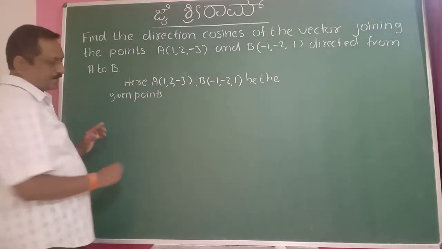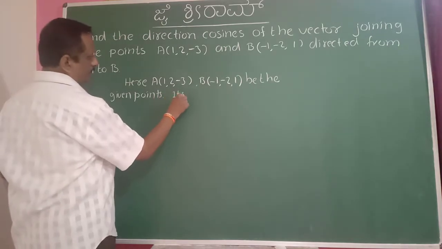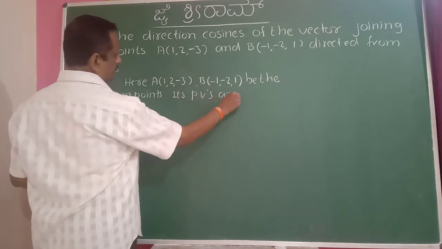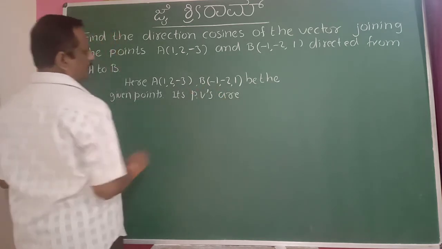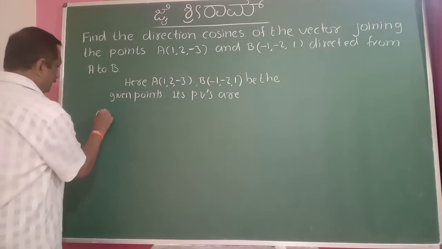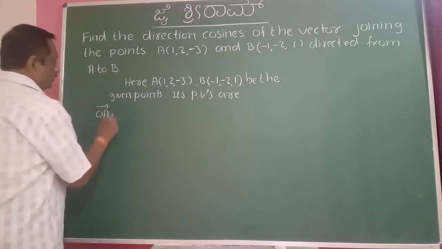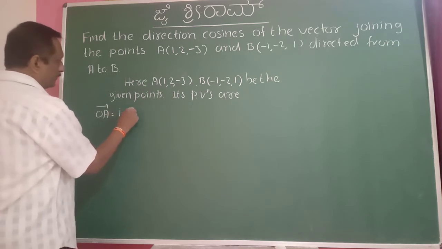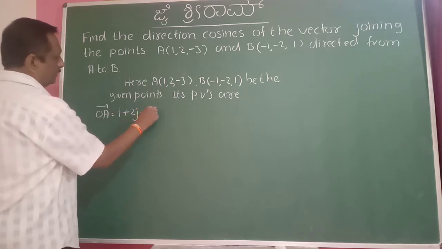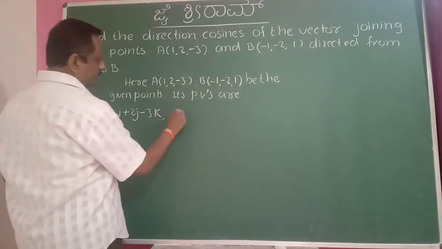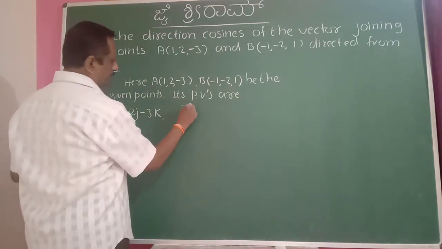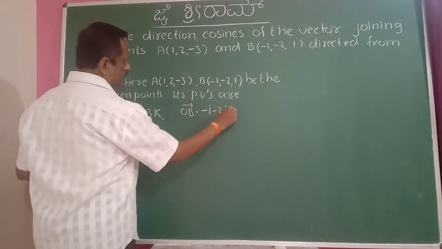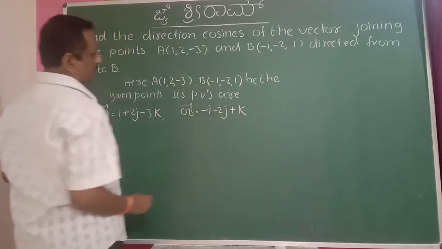The position vectors are: vector OA is equal to i plus 2j minus 3k, as well as the vector OB is minus i minus 2j plus k.